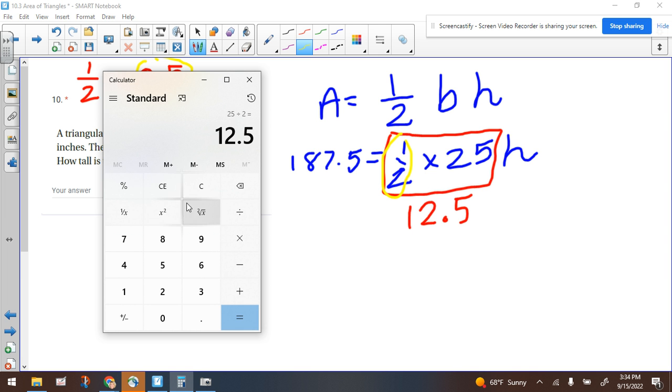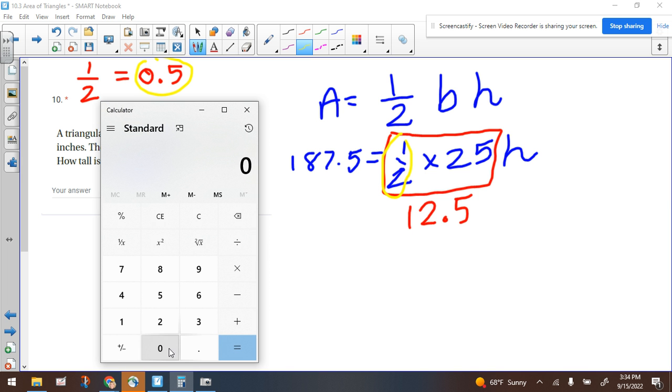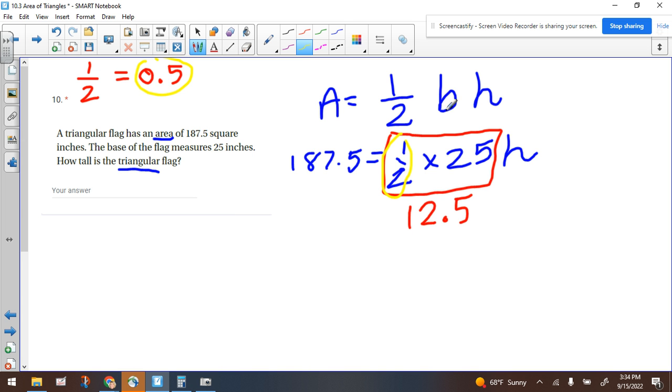Just to make sure you understand that that's true, let's actually show you that. I'm going to put in 0 and 5 tenths times the 25, and you see I get the same thing. All right, but let's put the calculator away and bring everything down. Let's bring the h down, and let's bring the 187 and 5 tenths down.